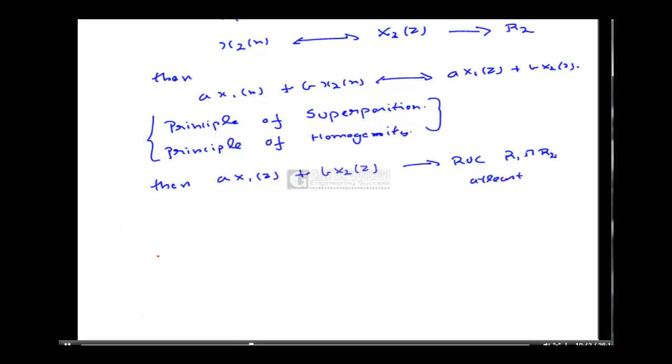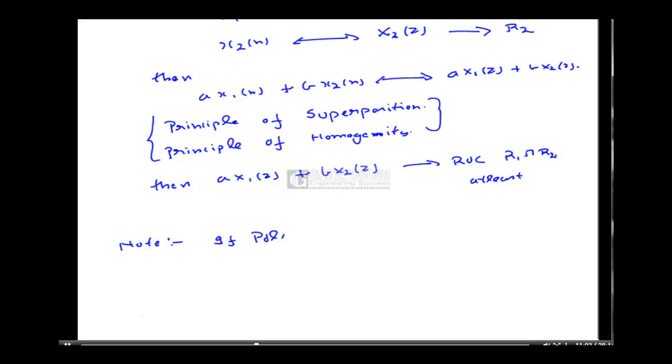Note, in this, if a pole zero cancellation occurs, then the ROC will not be the intersected ROC, but it will be something different. We have to find that ROC depending on how the pole zero cancellation has taken place. Okay, just write down.